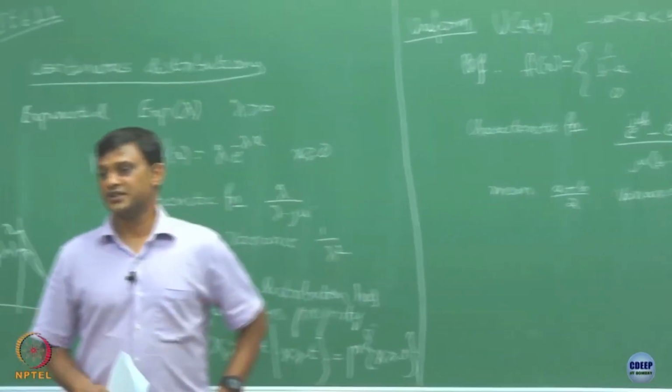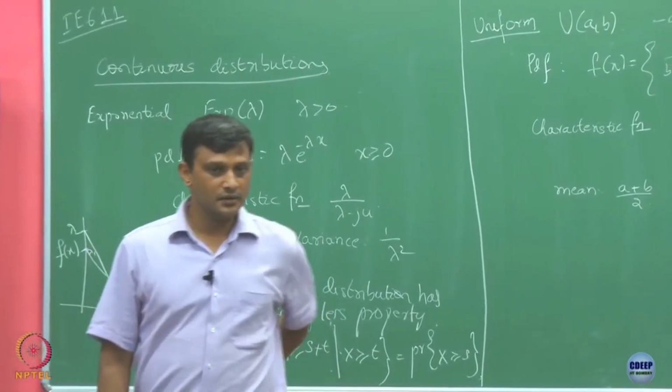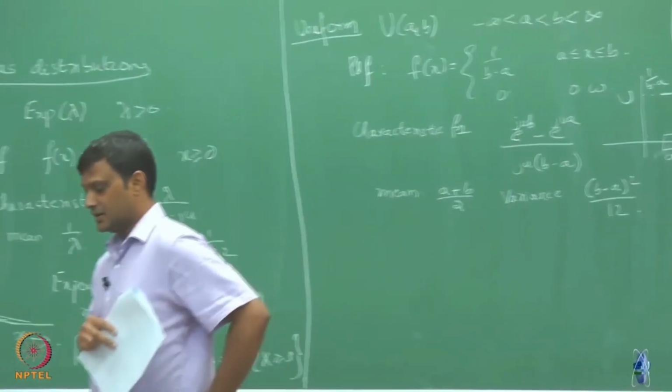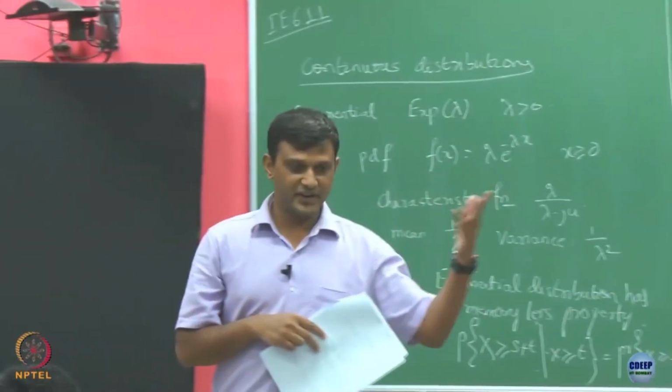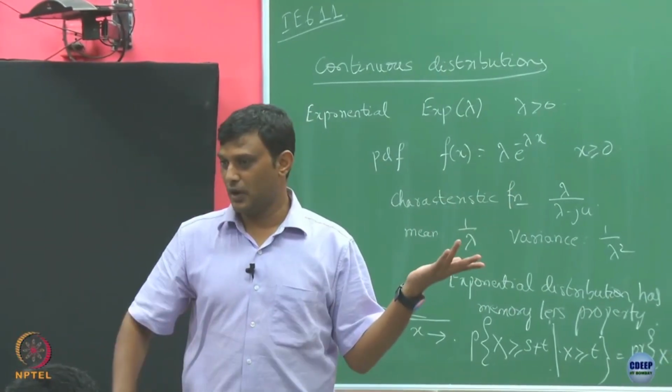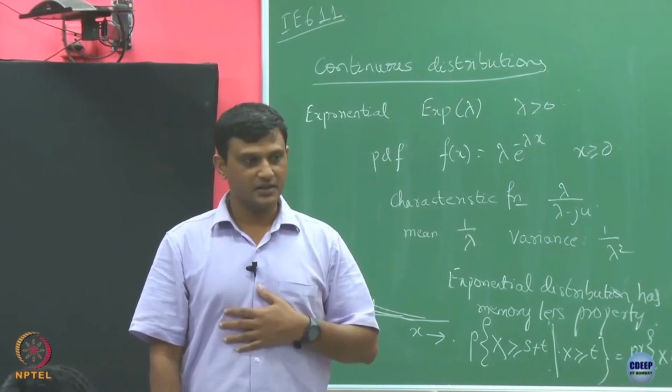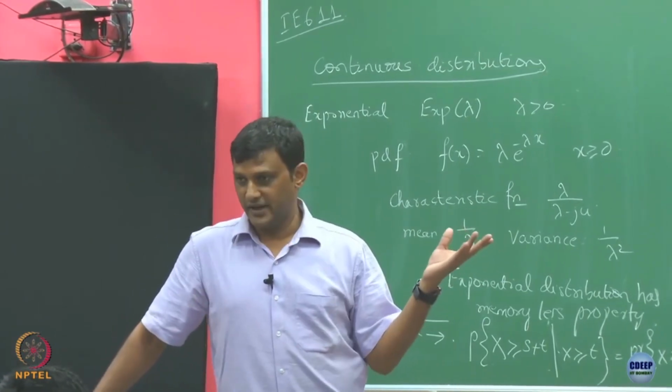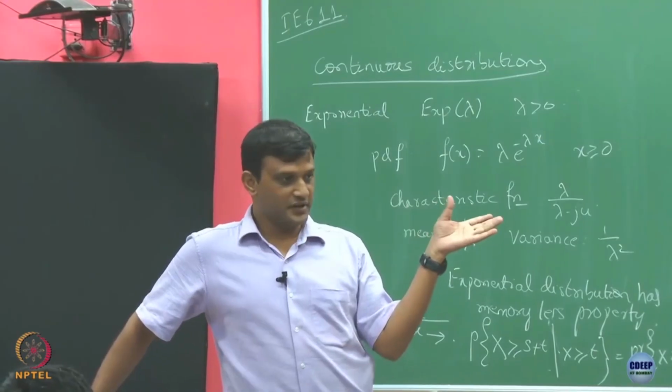So where do you want to use such a distribution? Let us say in terms of temperature, we can say that the temperature of a day may be uniformly distributed.